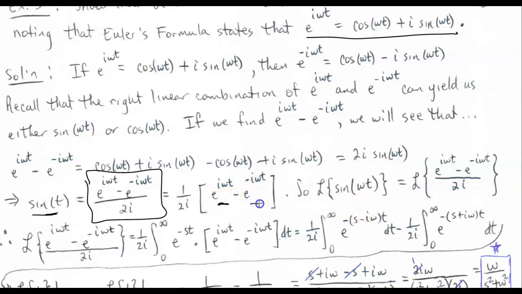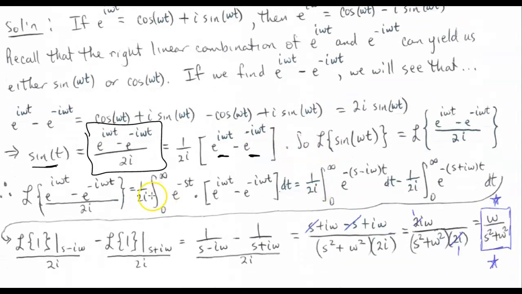We already know what the Laplace transform of e raised to the i alpha is. And if we let alpha be omega t, then we know what the Laplace transform of e raised to the i omega t is, as well as e raised to the negative i omega t, same thing. So we come here, take the Laplace transform of this, which means we translate it in integral form. We know that we have the difference of two integrals.